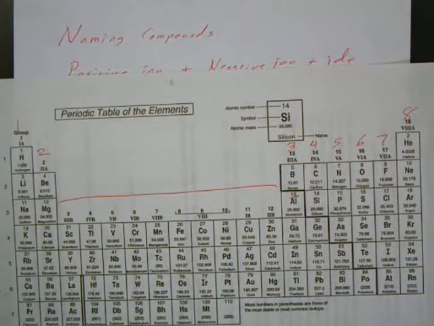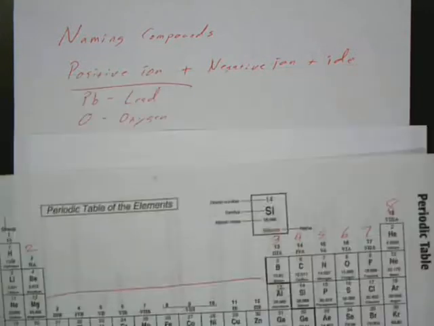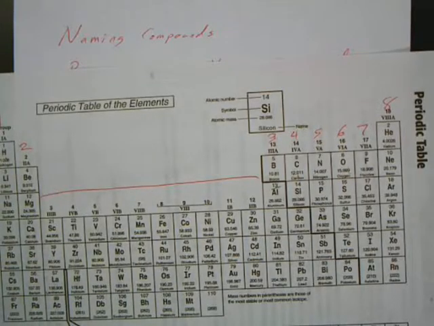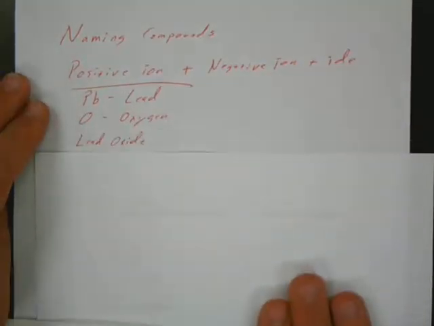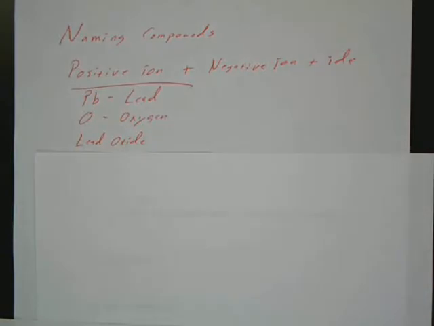Then oxygen, where is it? On 6, top one. Okay, so which one is on the left? The PB, and then oxygen's on the right. So I take those and make lead oxide. Pretty easy, isn't it? Take lead, oxygen, make lead oxide.